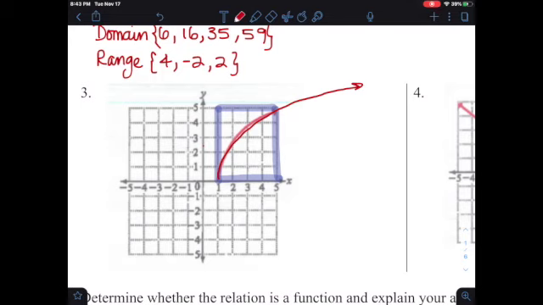That means this wall right here is going to get pushed out, and this wall right here is going to get pushed up. I hope you guys understand that. The part that gets pushed out and pushed up, that is infinity, because that's going in the positive direction. And the top right here is also going to positive infinity.